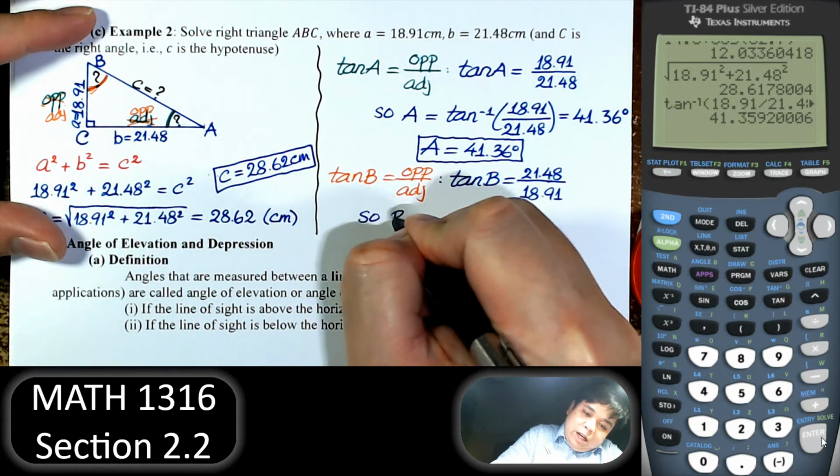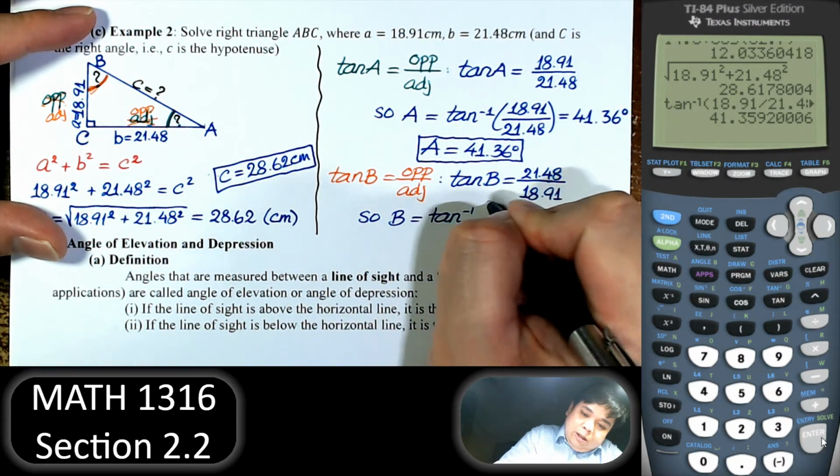So B equal to tangent inverse of this ratio.